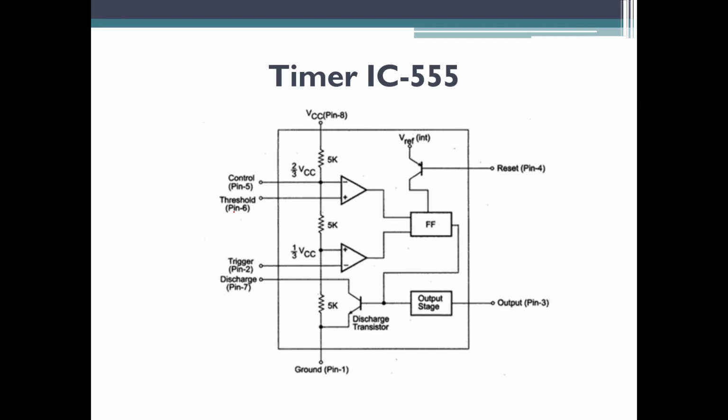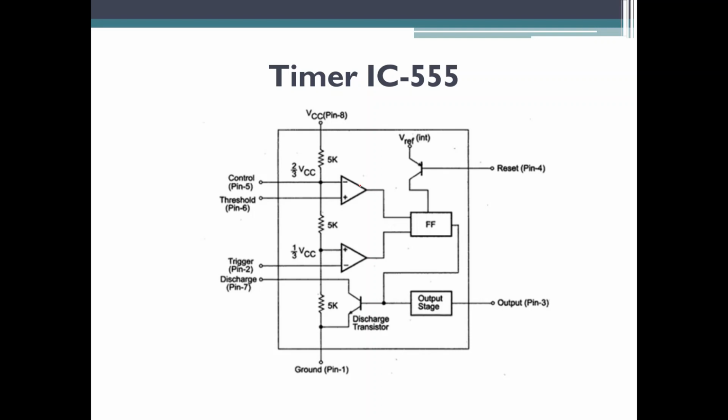Getting to the internal schematic of this particular 555 timer IC, it consists of two op-amps. The op-amps we can see here form a comparator circuit. Comparator circuit means you will be feeding two voltages to it, and based on the voltages fed and the reference voltage, the output of the op-amp will be set accordingly, which means it is comparing the two voltages.